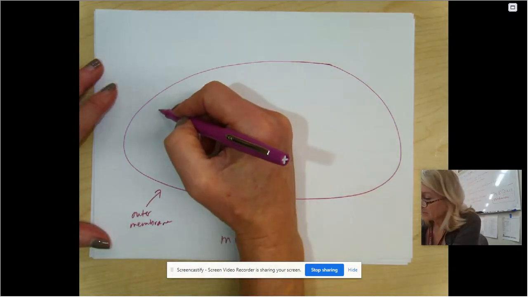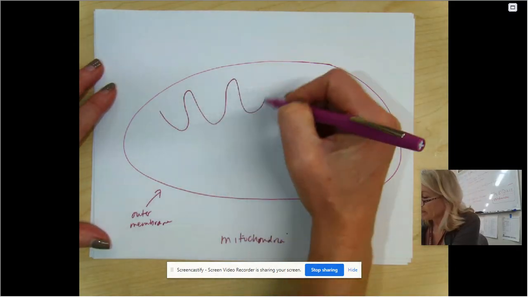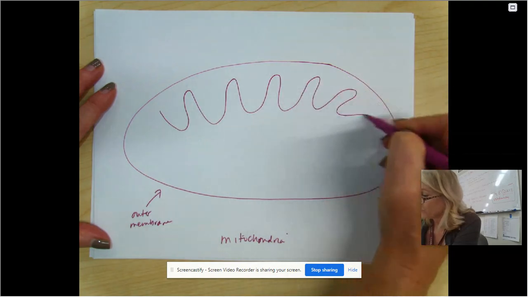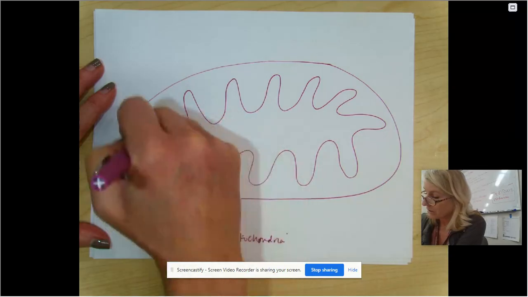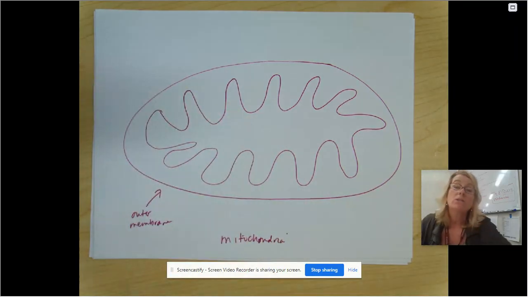The inner membrane is bent and folded, and the more bends and folds it has, the more surface area it has for ETCs. If you recall, during photosynthesis in the thylakoid membrane, that was the location of the ETC. And I wanted you to remember that ETC equals ATP.